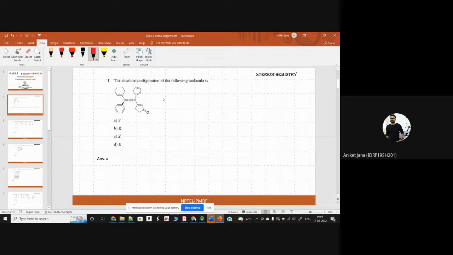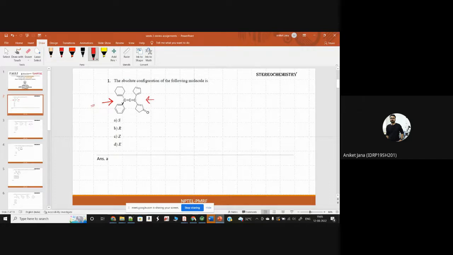Okay, so as we see, it has different kinds of planes. So we can determine the configuration of this chiral axis from two sides, either from this side or from this side, right? So when we are viewing from this side, we have to emphasize this axis first.